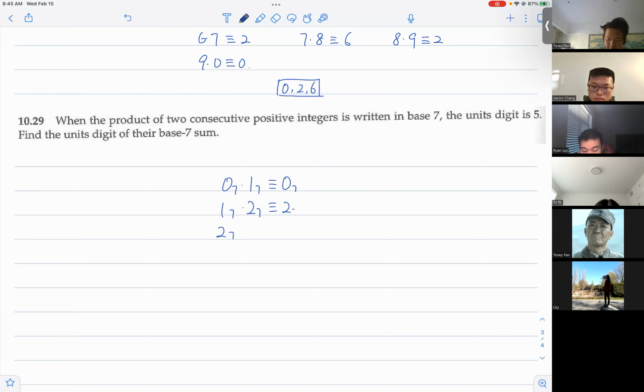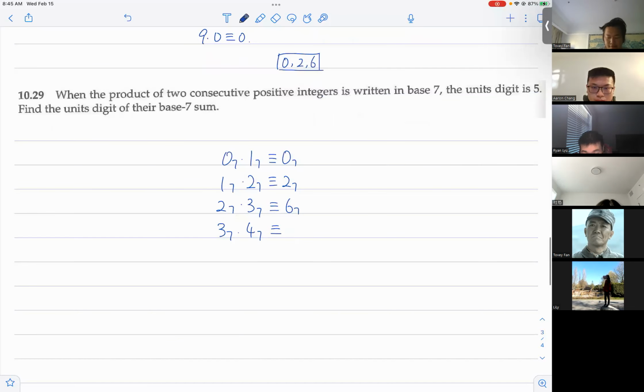Yep, and then 2 times 3 is 6. 3 times 4 is 2. It's in base 7. 3 times 4 is 12. That's in base 10, right?